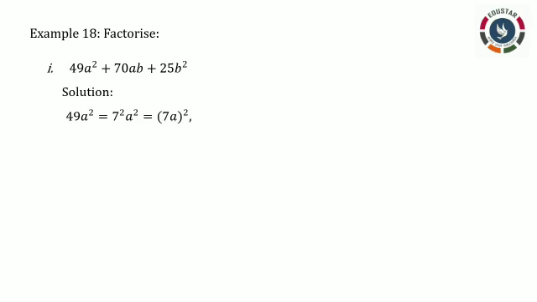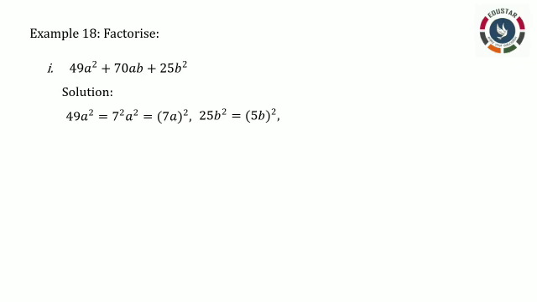So, 49a square can be written as 7 square into a square, which in turn gives (7a) the whole square. Similarly, see the last term 25b square. This 25 is the square of 5, so it can be written as (5b) the whole square.